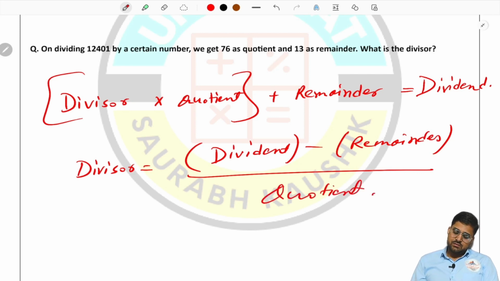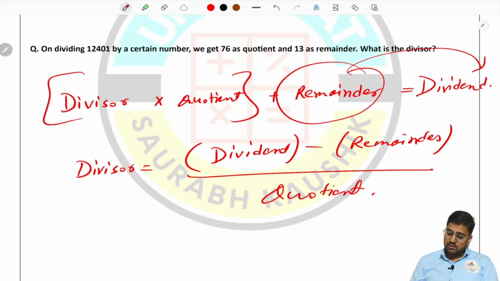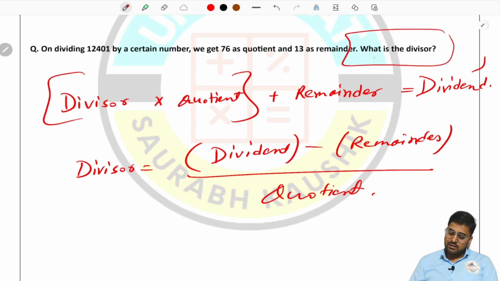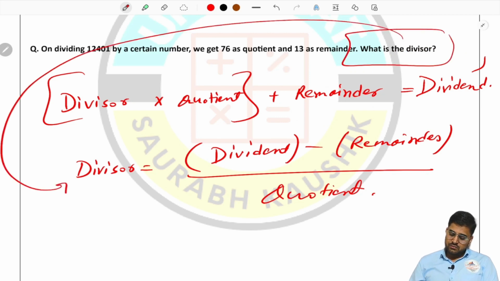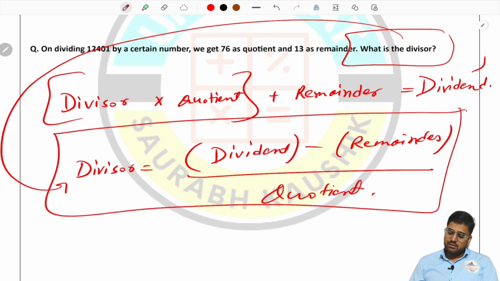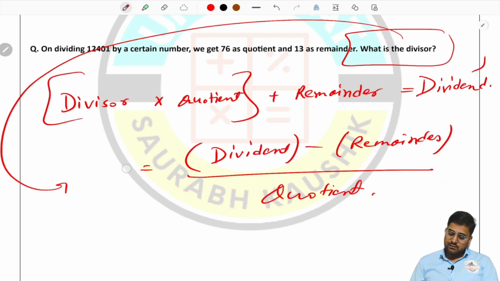See, what we have done is the remainder goes here, and the quotient comes here. Why do we do this? Because we have to find the divisor. So we make the formula according to the requirement. If we need the quotient, then we put the quotient here and the divisor there.